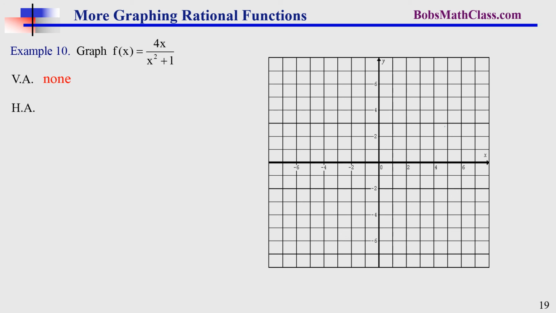Horizontal asymptote. The degree of the numerator is less than the degree of the denominator. Y equals 0. Let's pick some points. We probably should check to see if it crosses, but you know what?